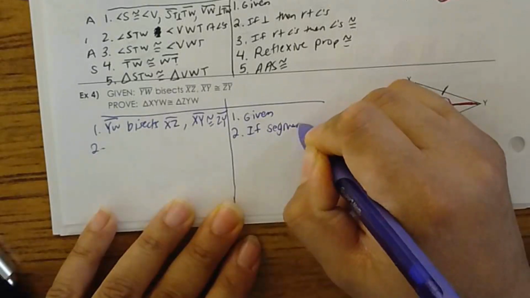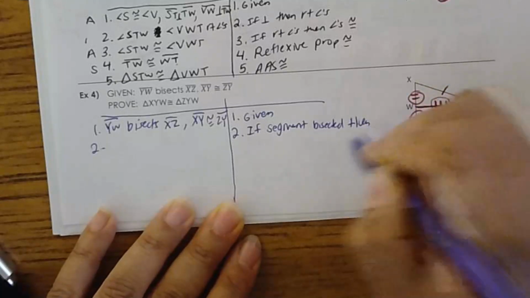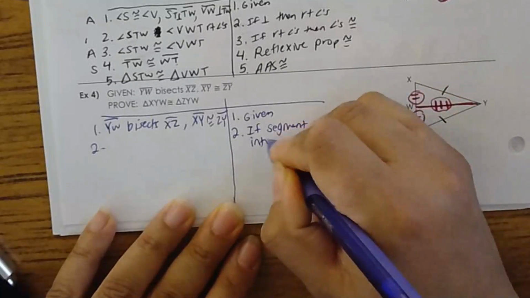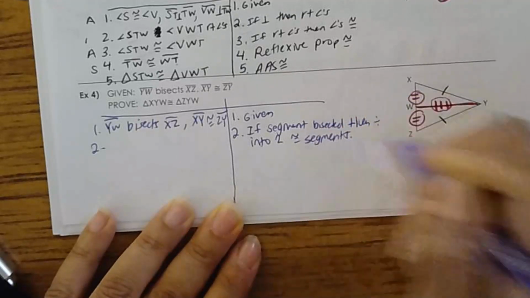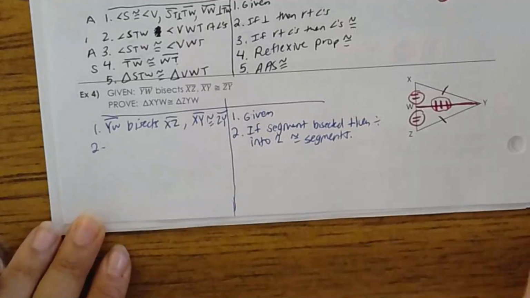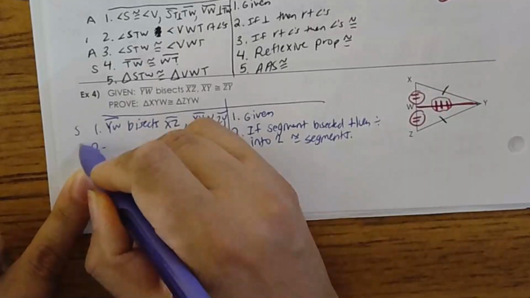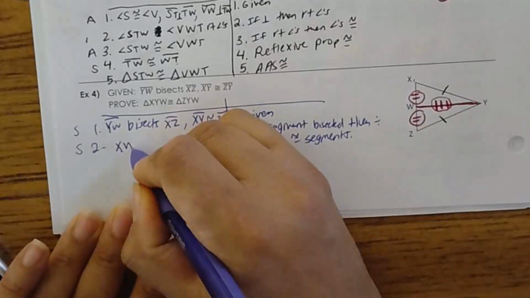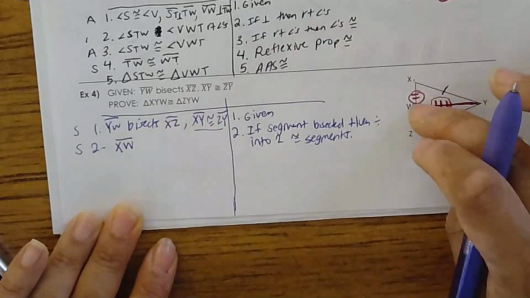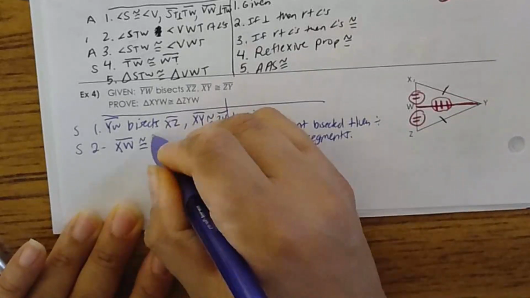Segment bisected, then divide into 2 congruent segments. And I want to write down what those 2 segments are. So on the left here, and so far I have a side that was given to me in the given. I'm about to get another side here with XW, right? And if it goes X to W, I have to then do Z to W for the second one, just so that the order of the letters matches.